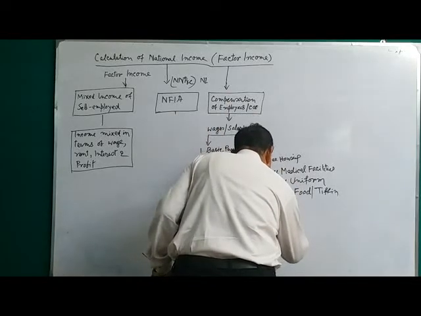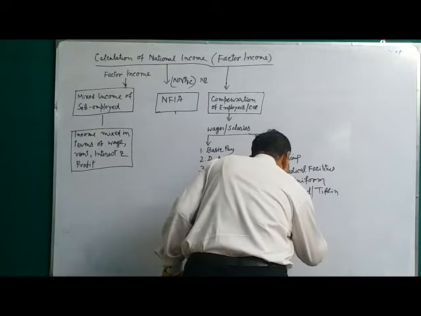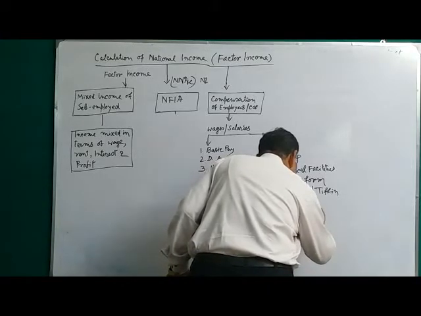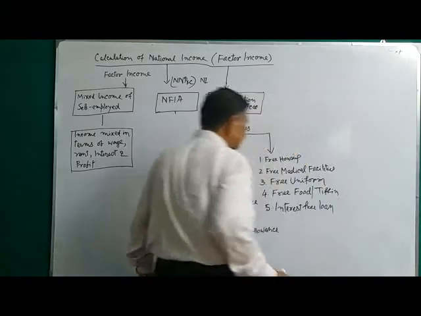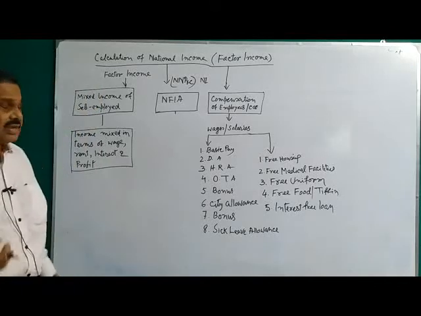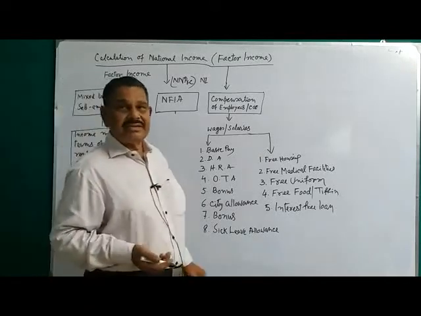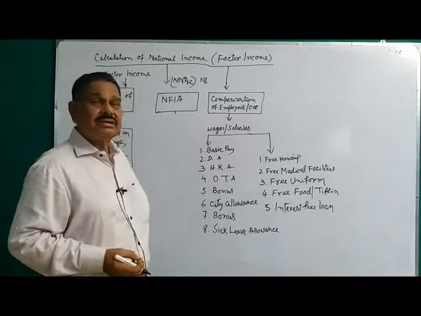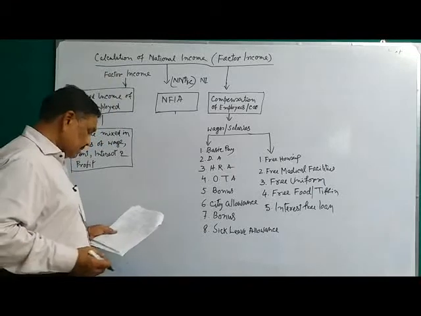Number 5, which is very important, interest-free loan, or loan at a lower rate of interest. Sometimes bank employees take a loan from the bank and get it at a lower rate of interest. So it is also a facility.